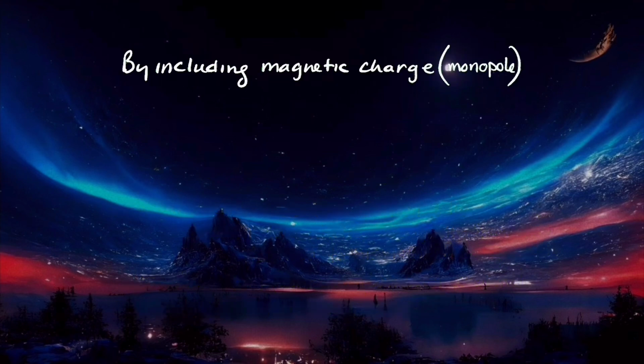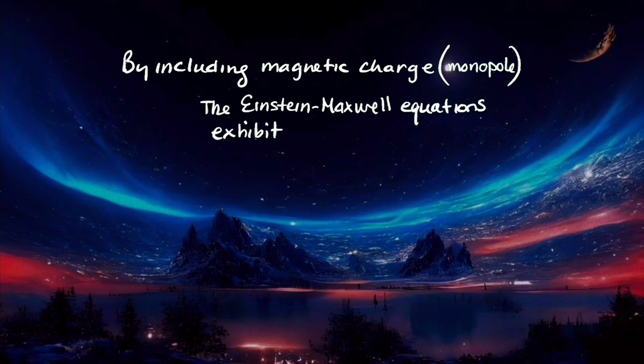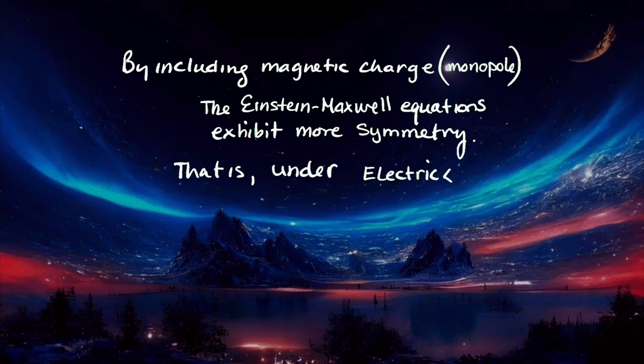Now, by including magnetic charge or magnetic monopoles, the Einstein field equations coupled with the Maxwell equations, in other words, the Einstein-Maxwell equations, exhibit more symmetry, that is, under electromagnetic duality.